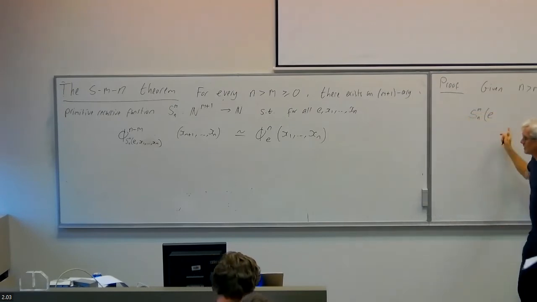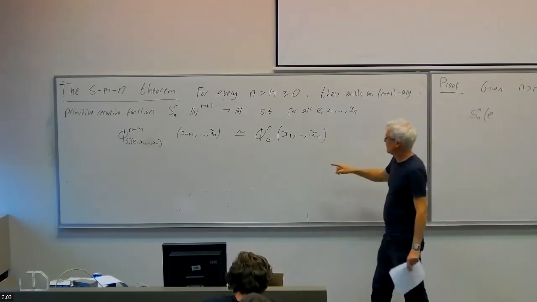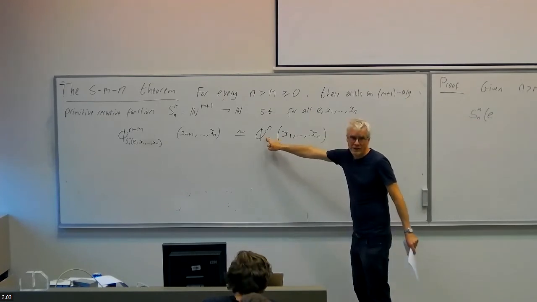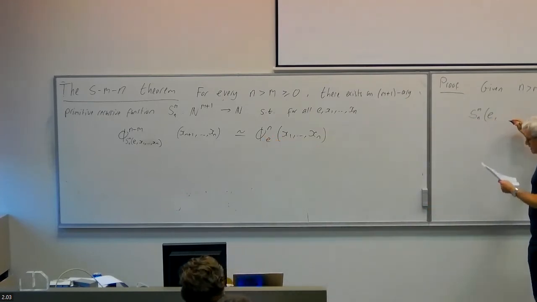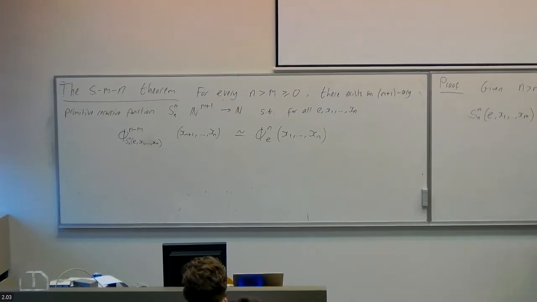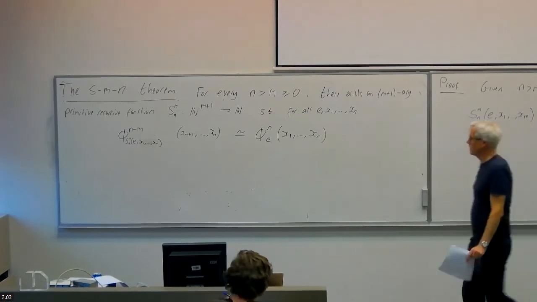We give it an index e, which we think of as an index for an m-argument partial computable function, and we give it input values x1 through to xn. We need to return a number as the result. It's going to be a total function because it's primitive recursive.